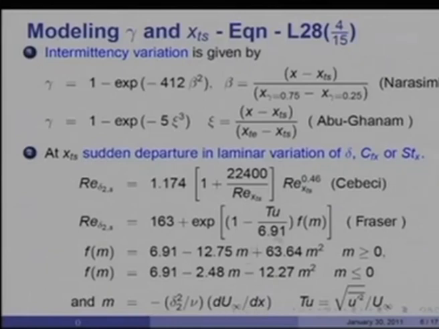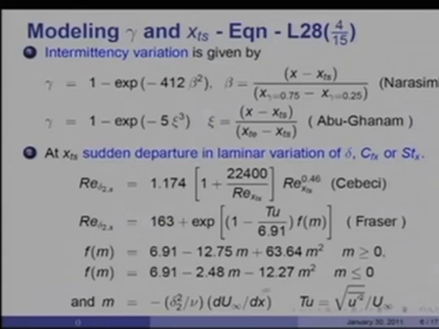So, as you go on calculating Re delta 2s, when it matches this for m greater than 0 and m less than 0, then you say that is the start of transition. M equal to 0, of course, makes F(m) equal to 6.91 itself.